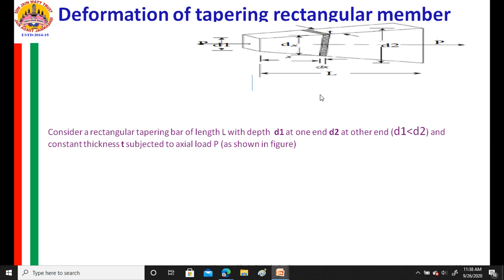As the cross-sectional area is changing, I cannot directly use the formula P into L divided by A into E. That is why I am considering a small elemental part of this length, dx, so that within this length the change in depth is almost constant and is equal to d subscript x.